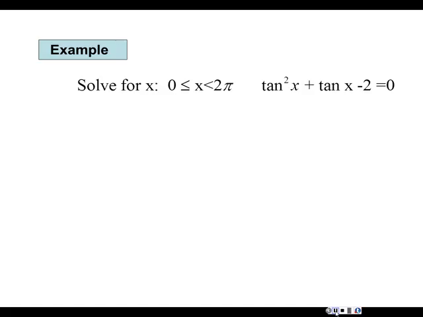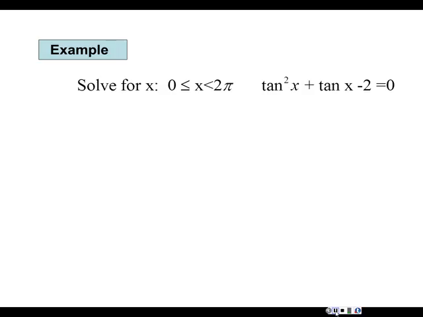So negative b plus, let's look at the plus one first. So the square root of b squared minus 4ac, divided by 2a. Now what do you get here?